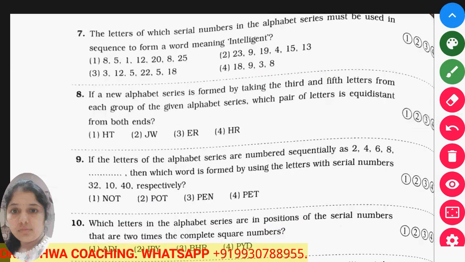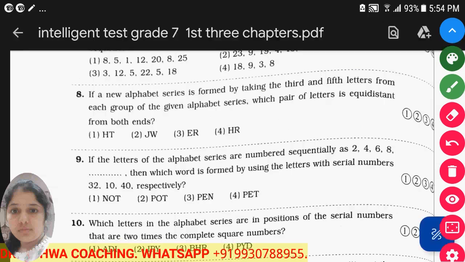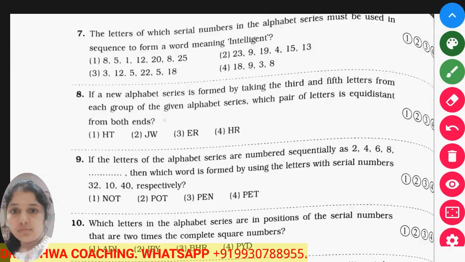A new alphabet series is formed by taking the third and fifth letter from each group of the given alphabet series. Which pair of letters is equidistant from both the ends? Now see, we take the third and fifth letter from each group and make a new series.